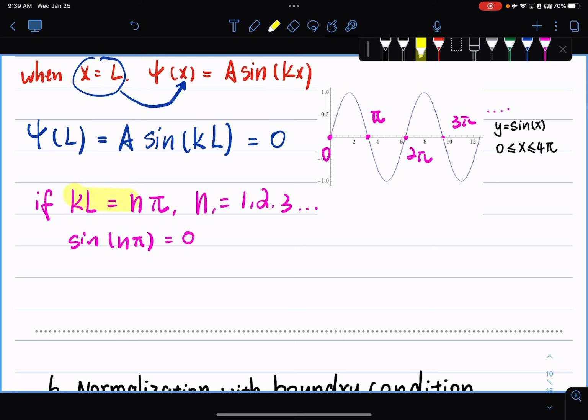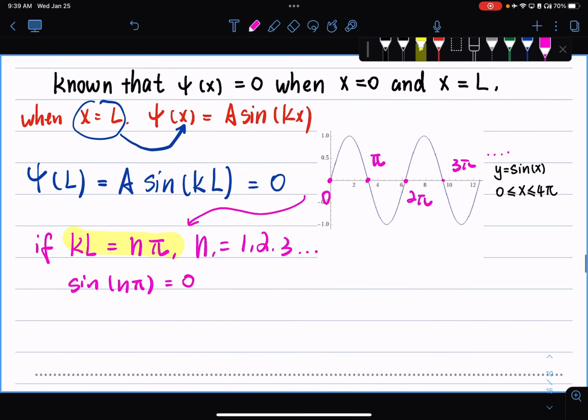This comes from looking at the sine function. We know that sine(n pi) equals 0. So that's how we get the equation kL equals n pi.